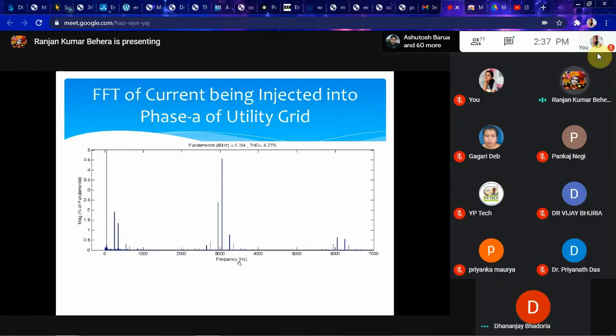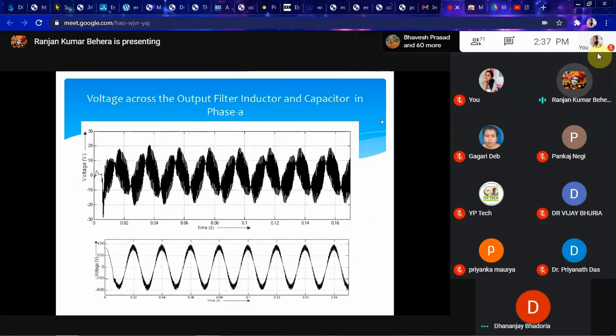Now you see this is our injected current harmonic, which is less than 5% THD, and then the voltage across the output filter inductor. So this is the output filter inductor and the capacitor. You can see here they both are, which is absorbed here in the inductor.